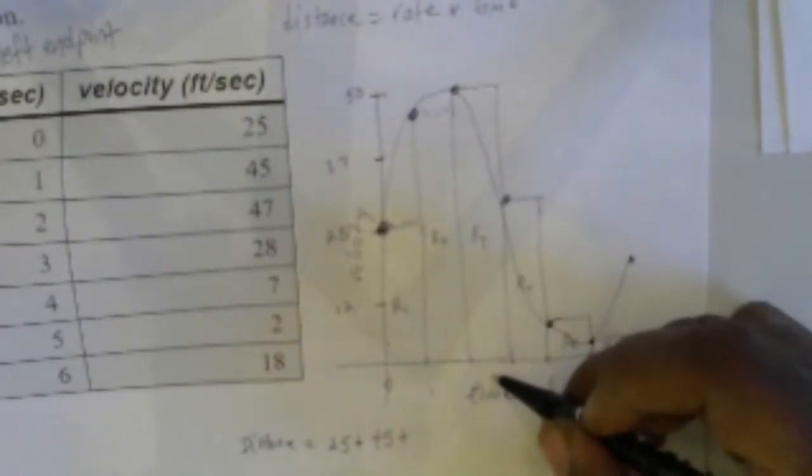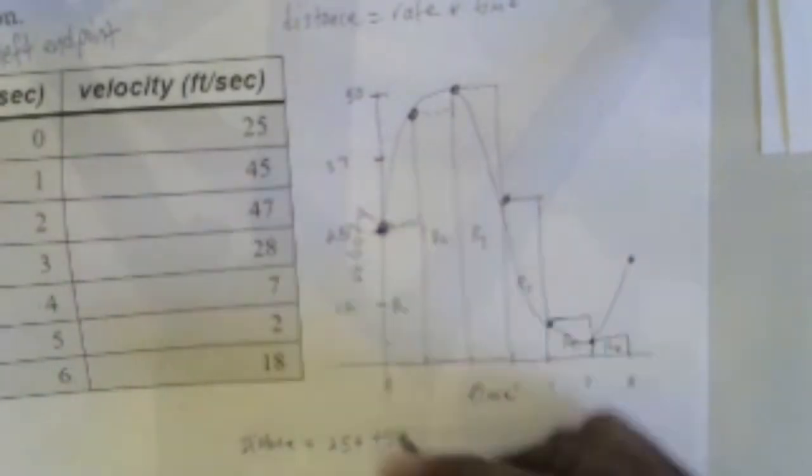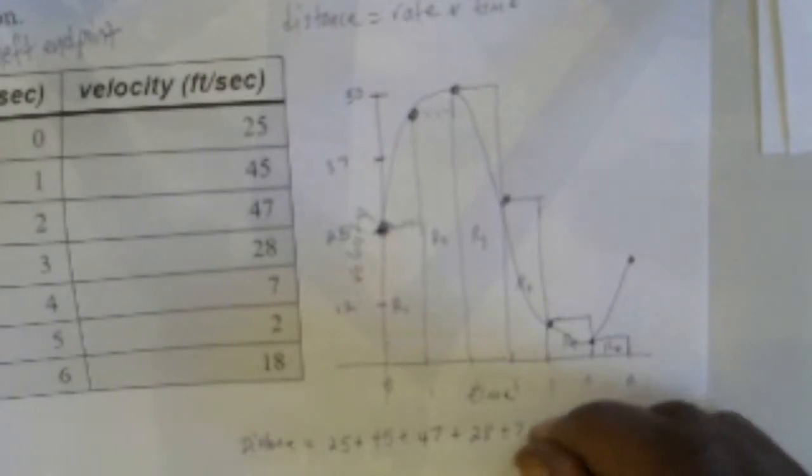For rectangle 3, here again, the time times the rate, which is 47. And if I repeat this process, and if I add up all of those numbers, I believe I would get 154. Right, so the distance traveled would be 154 feet.